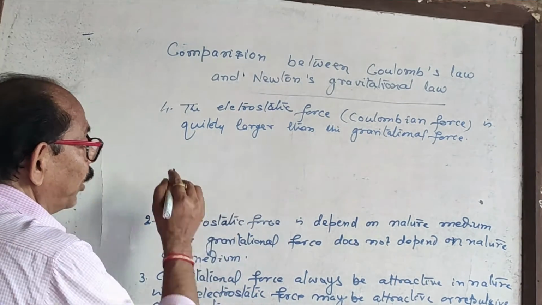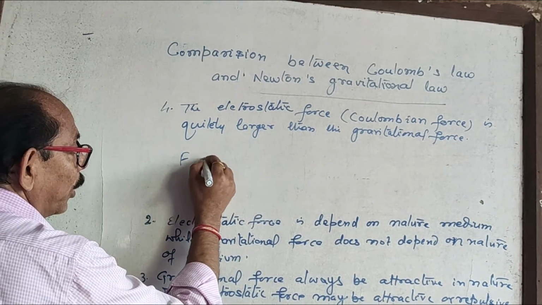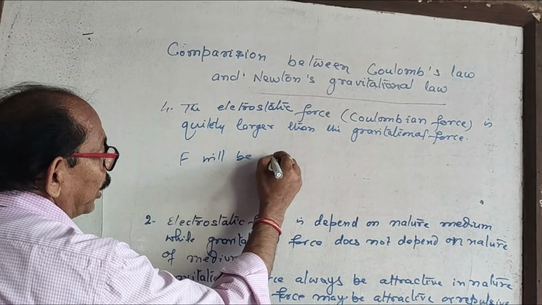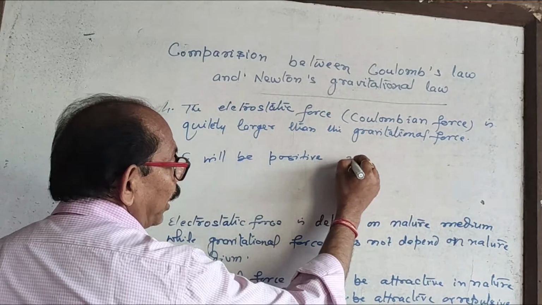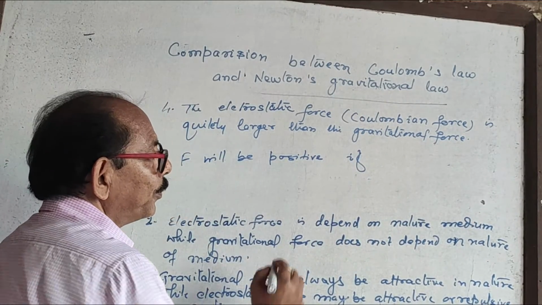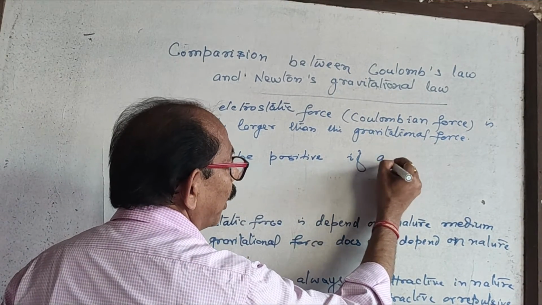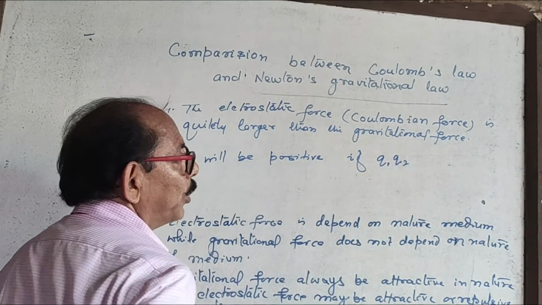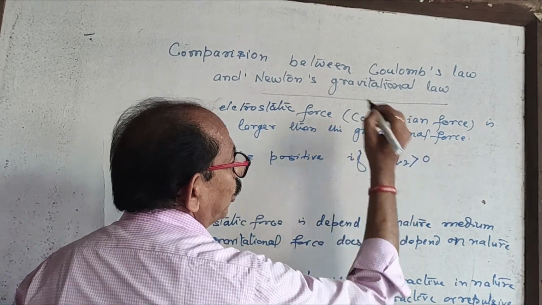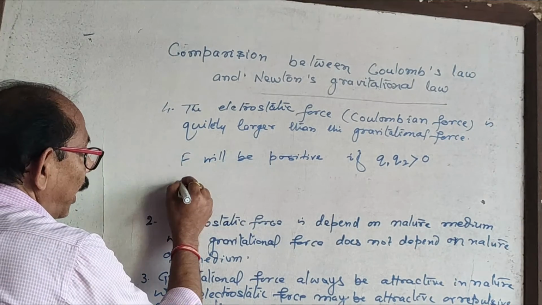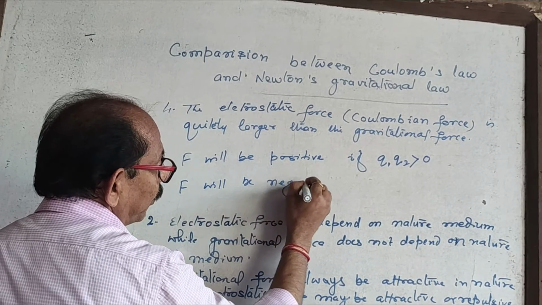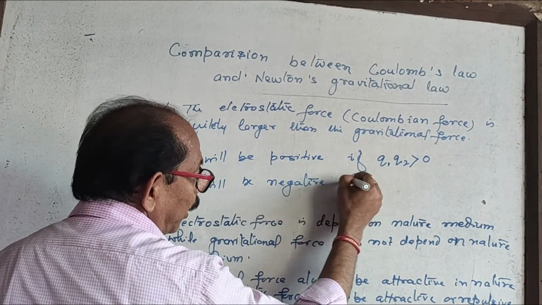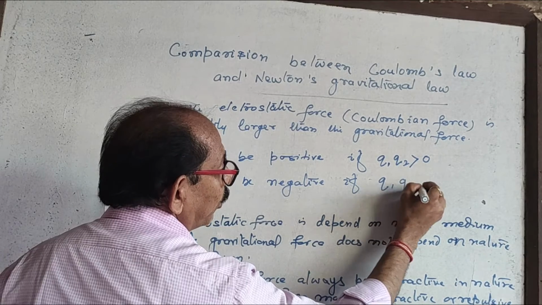That means F will be positive if Q1 Q2 is greater than 0, and F will be negative if Q1 Q2 is less than 0. Clear?